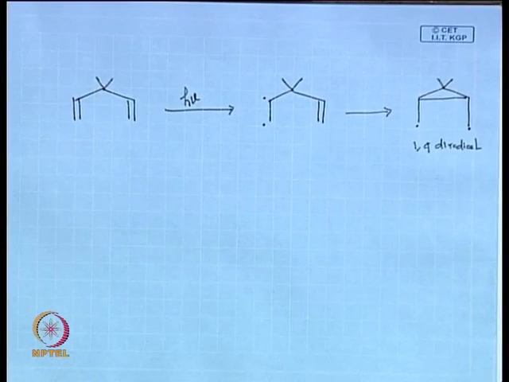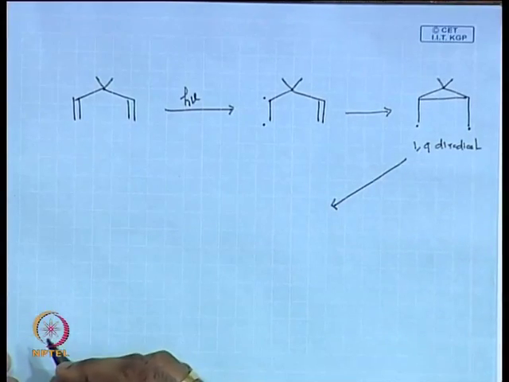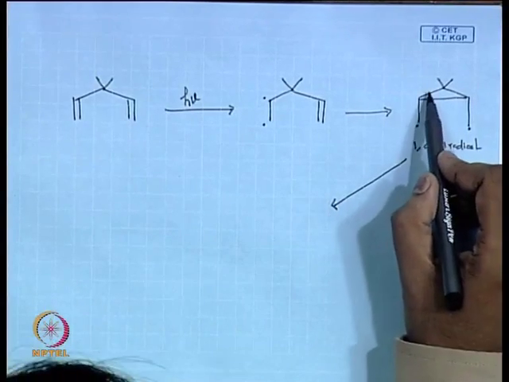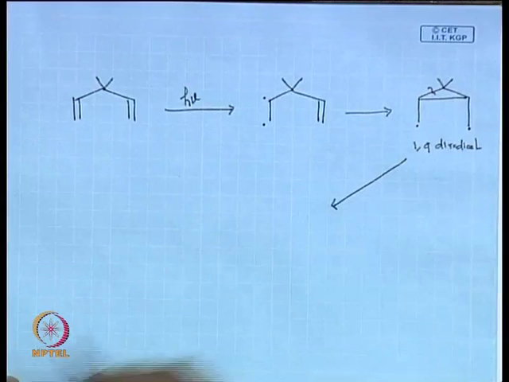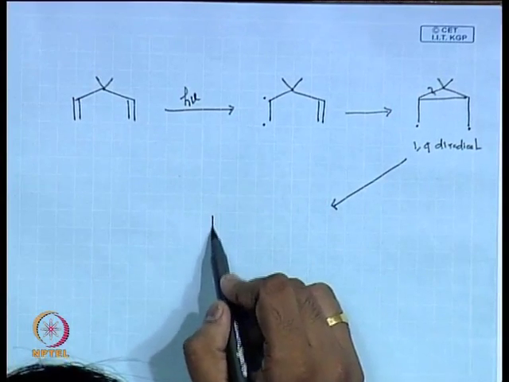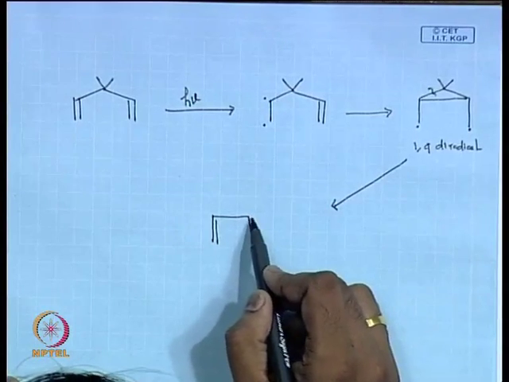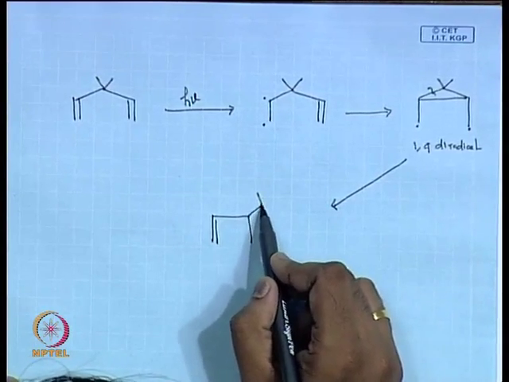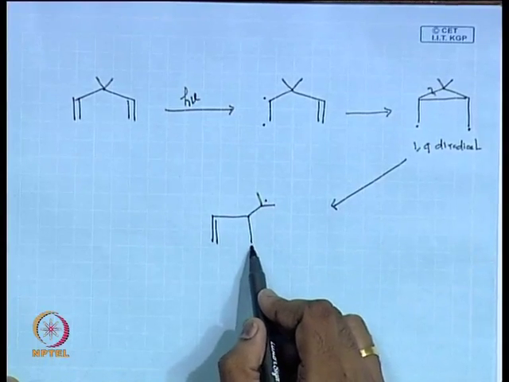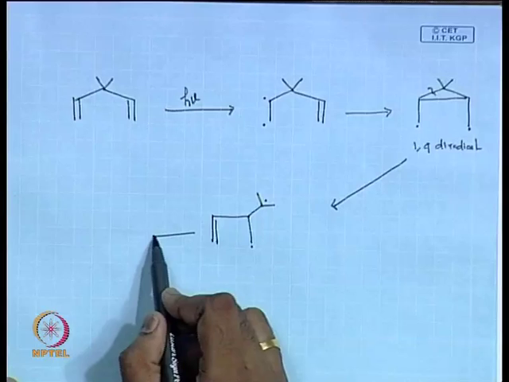Then I can cleave it to give me this radical, and you know isopropyl radicals are stable.